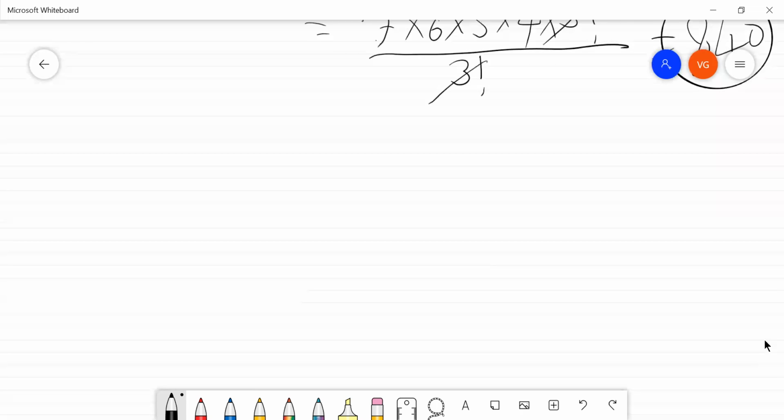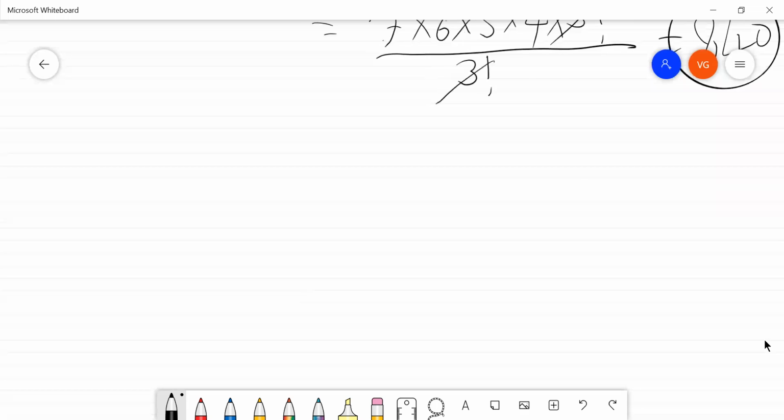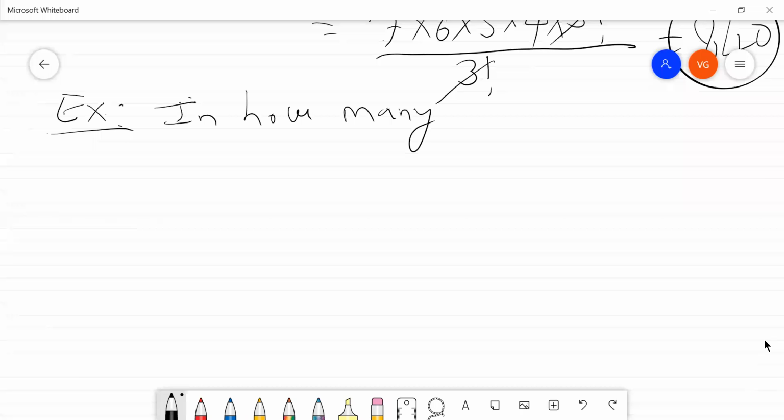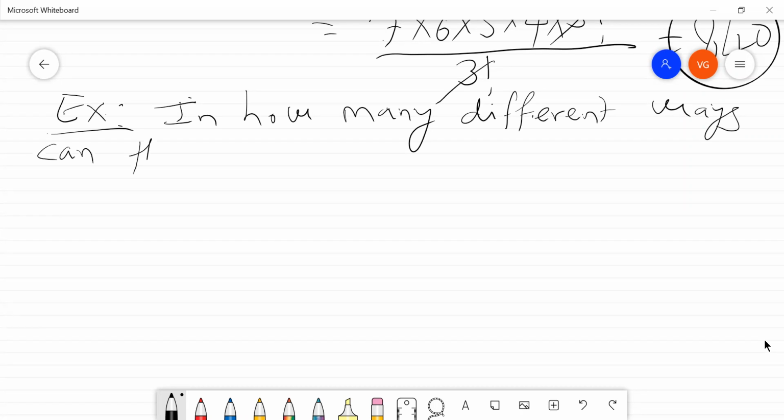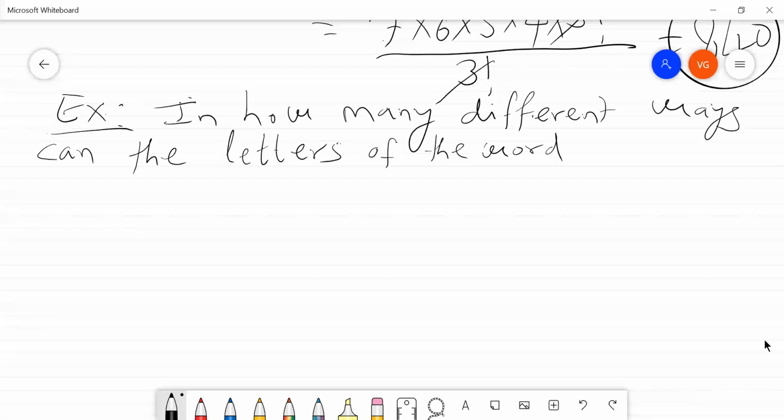Okay, so let us write down the first problem. In how many different ways can the letters of the word Friday be arranged?